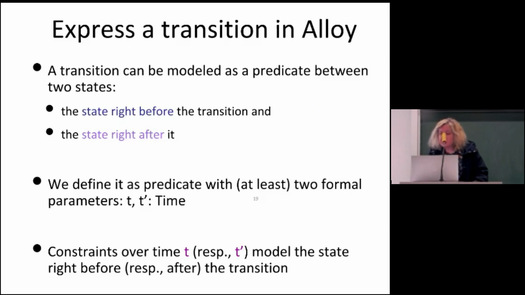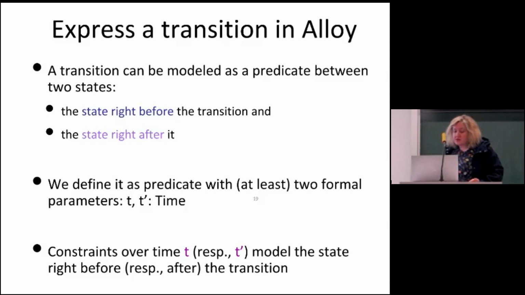So how do we express a transition in Alloy? In Alloy, as a type of first order logic, everything is a predicate. A predicate is another relation. And if we're thinking about any kind of transition that you would want to have, you're looking at what happened right before the transition and what happened right after the transition.